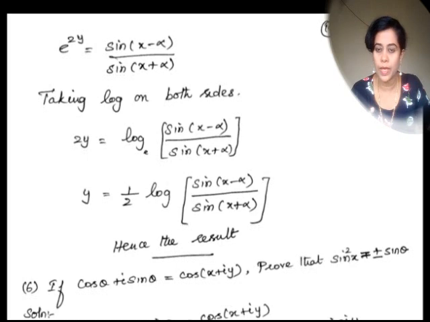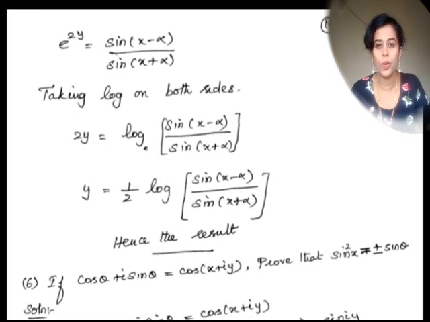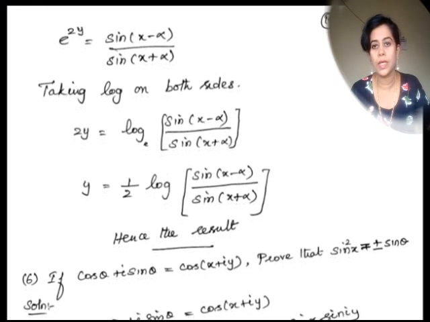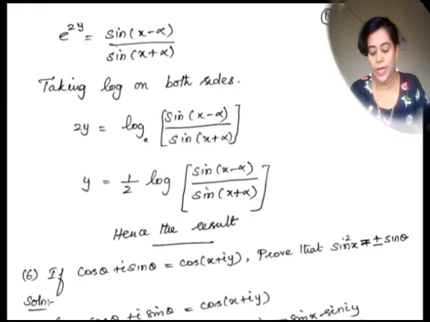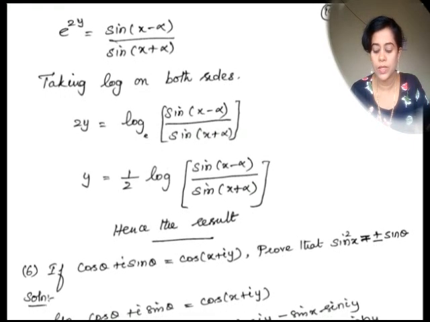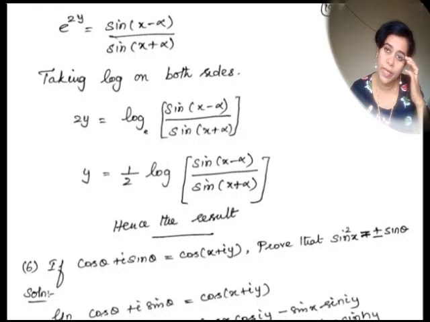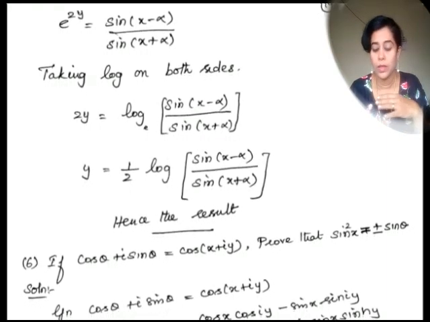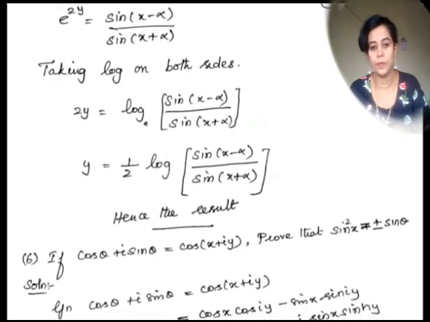So we can write e power 2y equal to, on the left hand side, sin x cos alpha minus cos x sin alpha, which is sin of x minus alpha, divided by sin of x plus alpha.